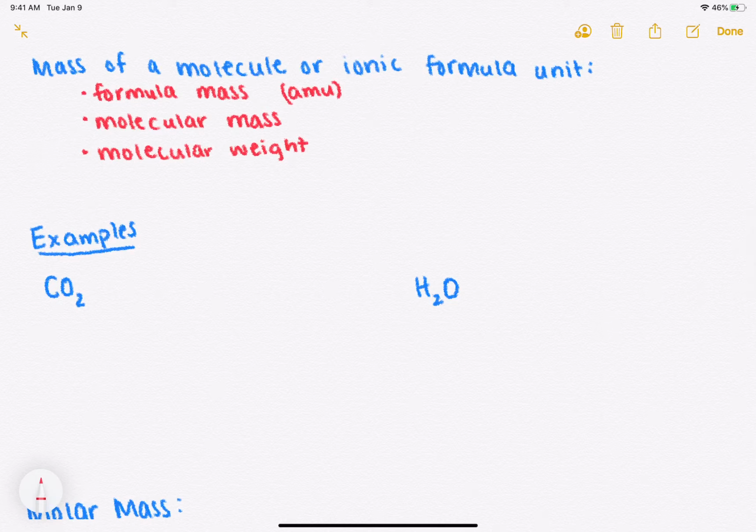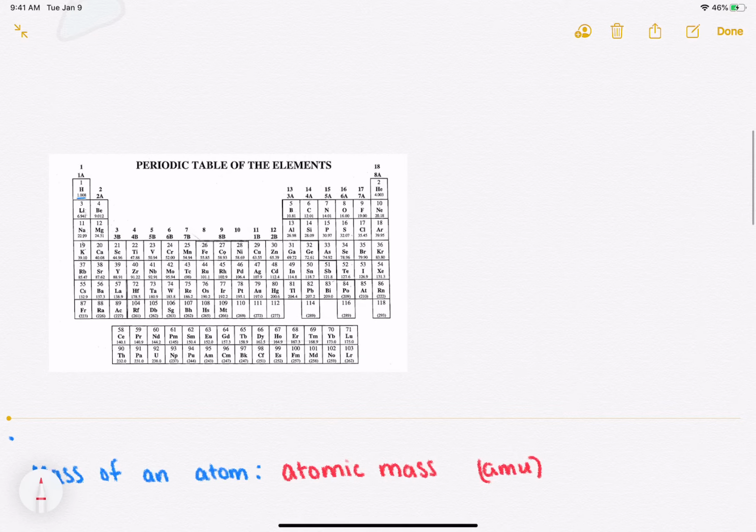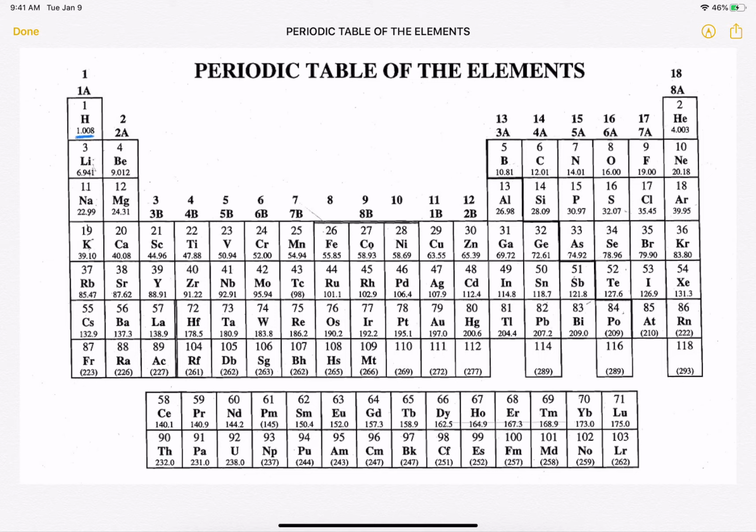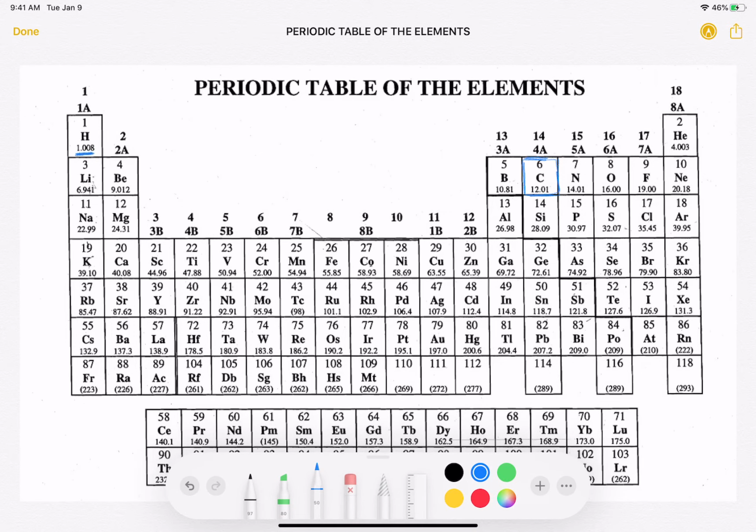So for example, we have CO2, carbon dioxide, and we need to find the mass of the carbon and the mass of the oxygen that are in this molecule. If we go to our periodic table, first we'll look at carbon. So here's carbon. Carbon has an atomic mass of 12.01.